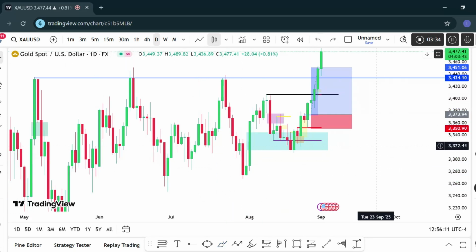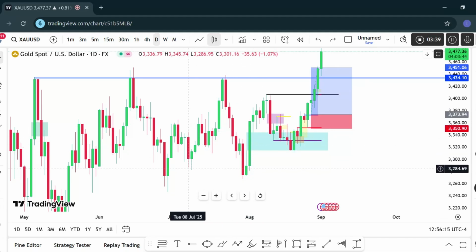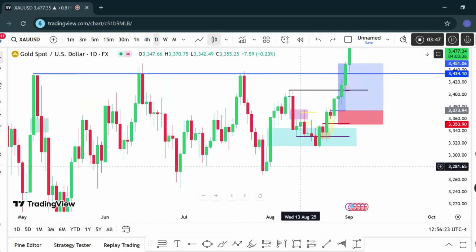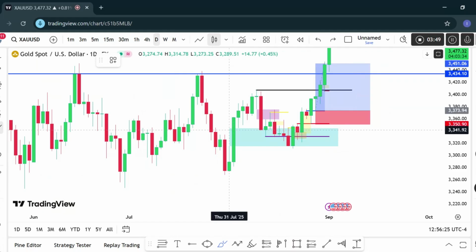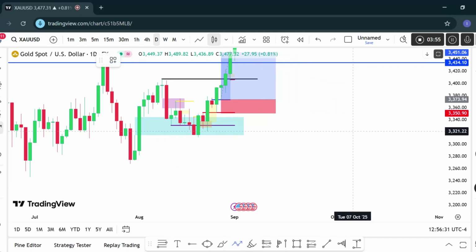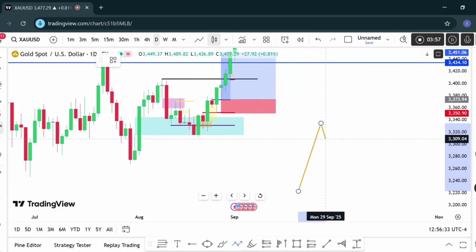So for me, the way that I choose fair value gaps, I need manipulation first of all, and then displacement higher, creating that fair value gap. And that fair value gap is just a byproduct of my intention. My intention is I need the market to create that fair value gap and then come to it.